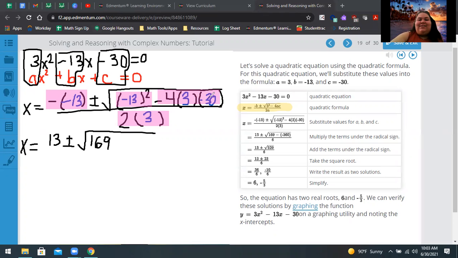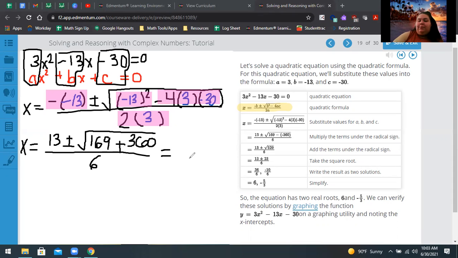Negative 12 times negative 30 is positive 360. I just multiplied those values: negative 4 times 3 is negative 12, negative 12 times negative 30 is positive 360, all over 2 times 3, which is 6. Then we continue condensing it down as much as we can, piece by piece.